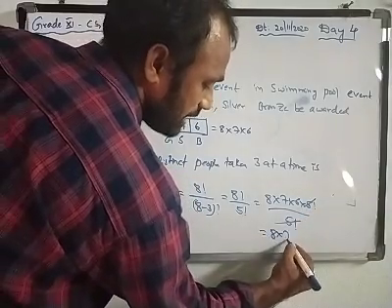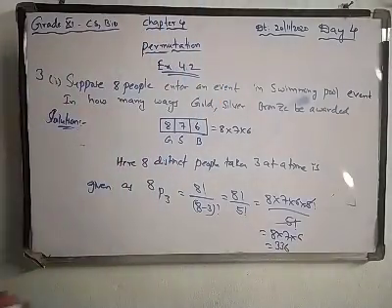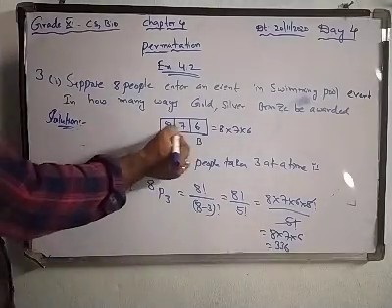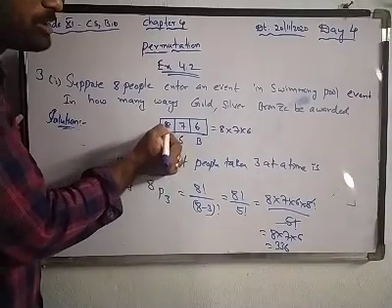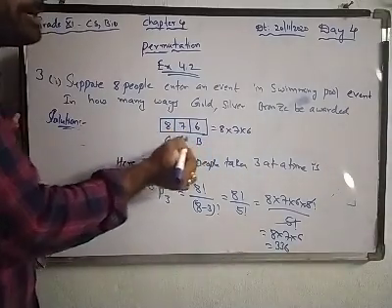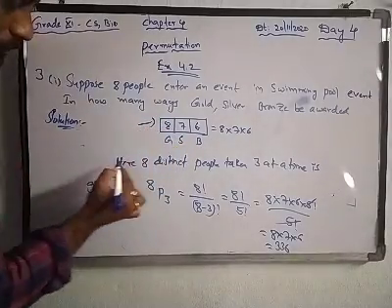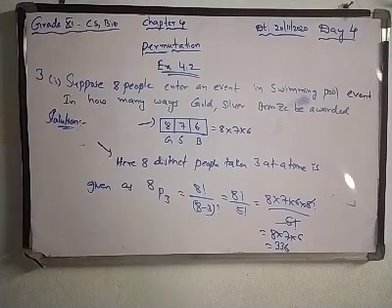So the answer is 8 into 7 into 6, which is 336 ways. Since repetition is not allowed, we take one prize at a time; if we assume gold is taken, the remaining people will be 7 and then 6. This is one way of doing it, and this is another way of doing it.